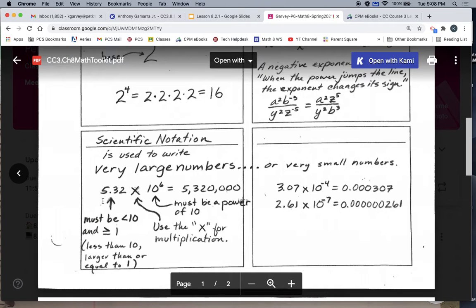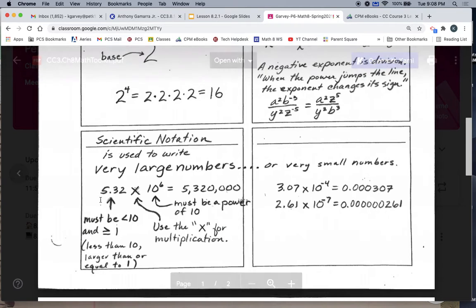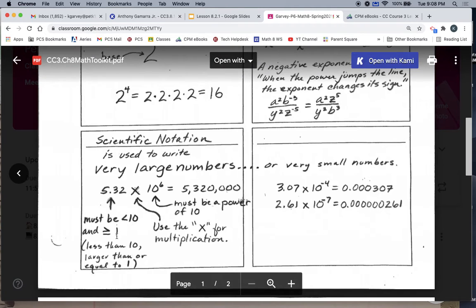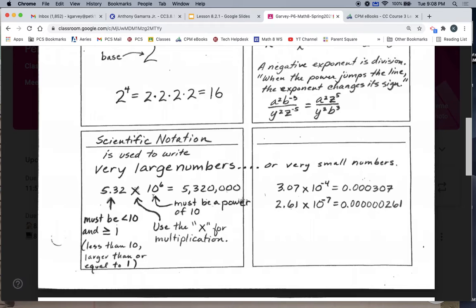So scientific notation has two components. It has the first factor, which is a number that must be less than 10 and larger than 1. And then it has a second factor separated by the times symbol. And that second factor needs to be a power of 10.